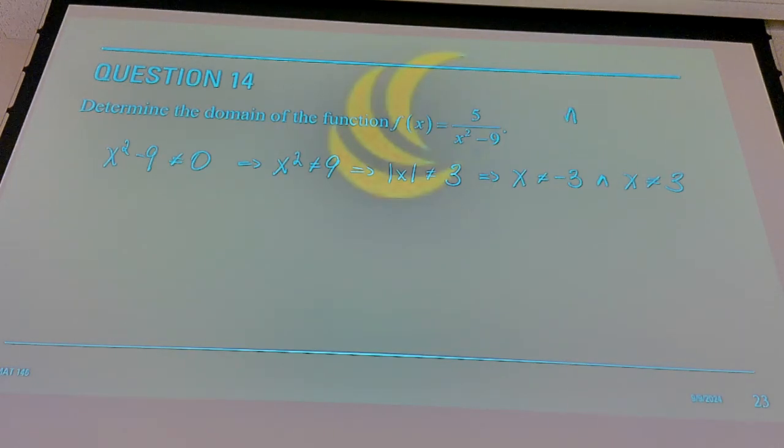Why do you write the absolute value of x if you're just going to write x plus or minus 3? To emphasize that when you take a square root, it's always absolute value, because that does come into play.